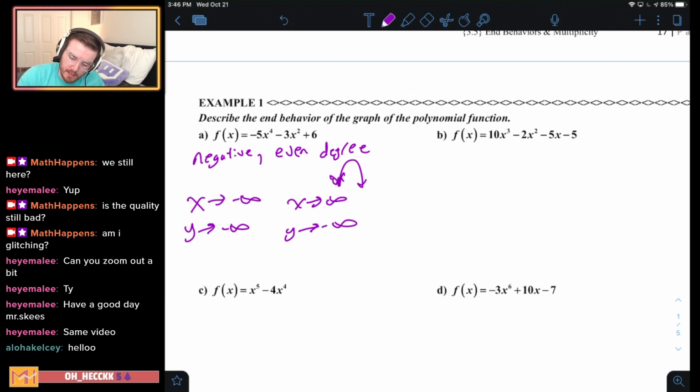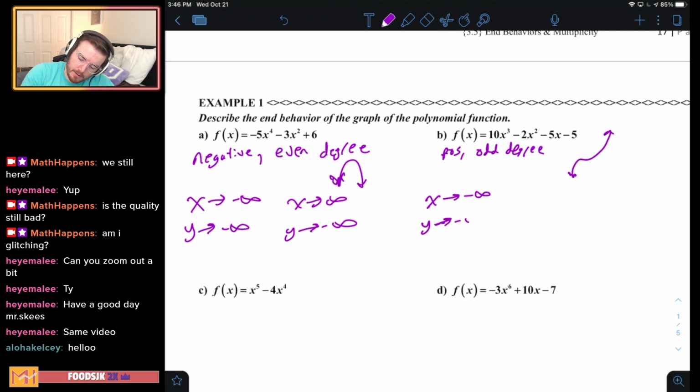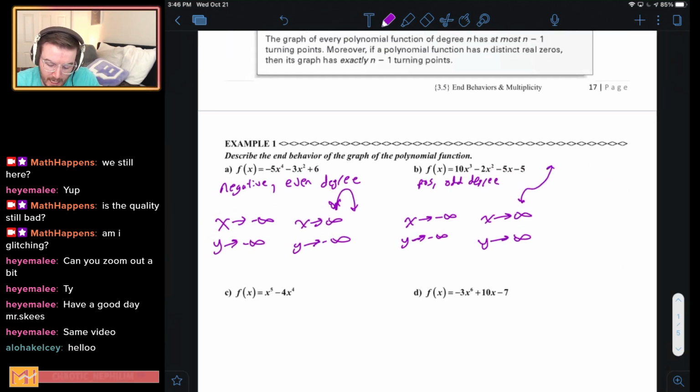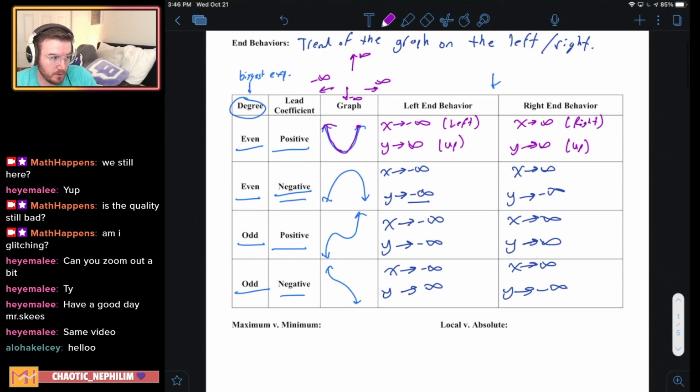On the left, it's down, but on the right, it's going up. I'm literally just copying what was above.